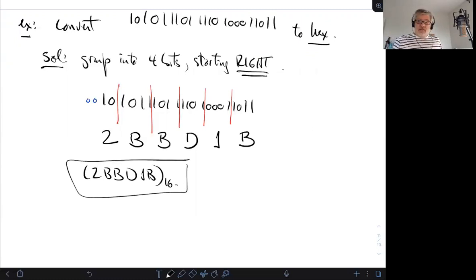And finally, for hex, sum and subtraction, same principle as the previous bases. Okay, so arithmetic in hex.